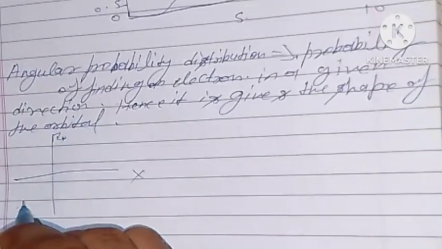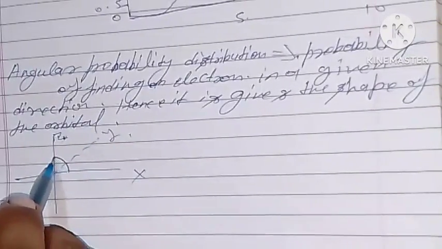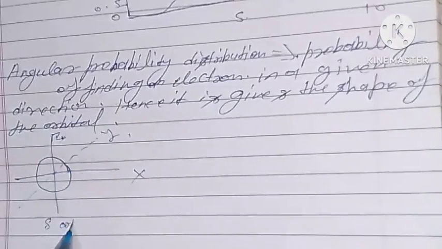This is the z-axis, x-axis, and this is the y-axis. This is the spherical s orbital.